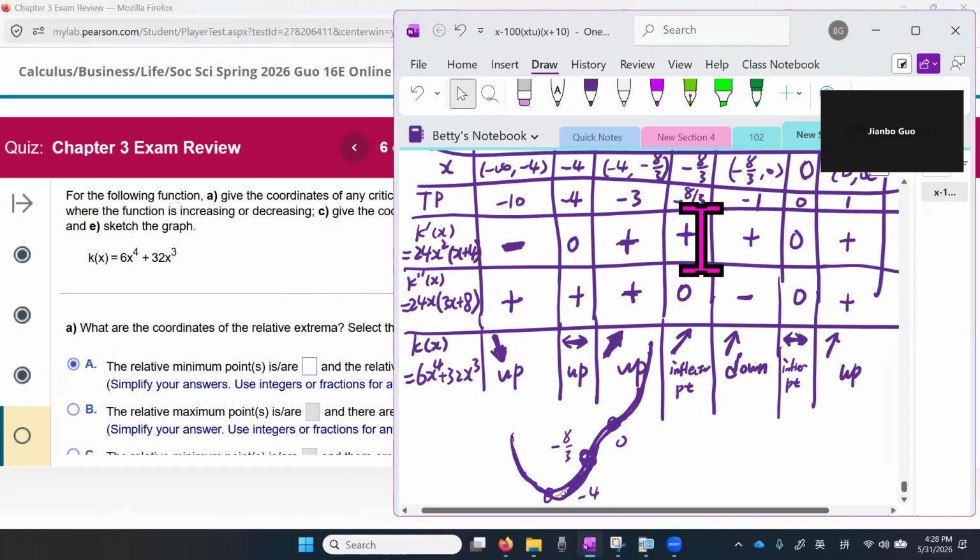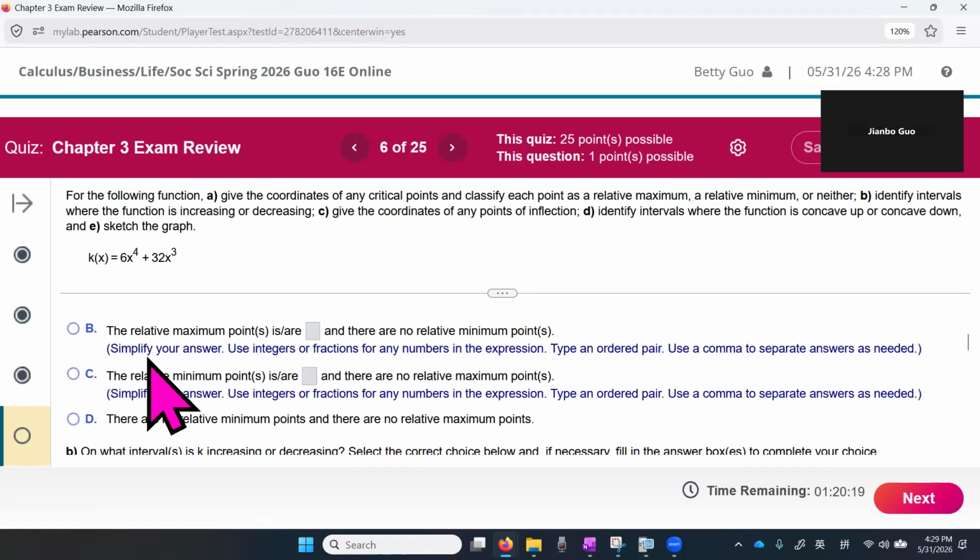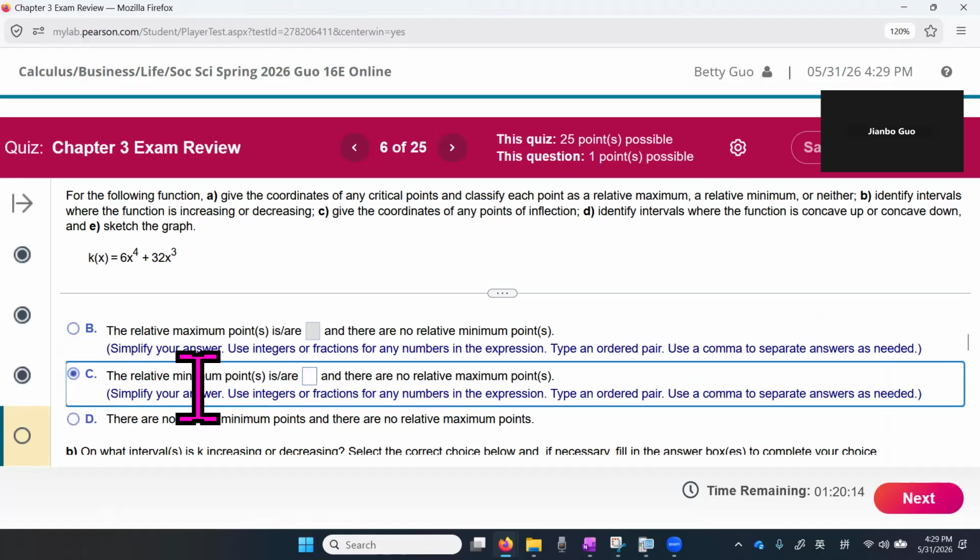It does not have a relative maximum. After negative 4, the function is increasing the entire time. It stopped a little bit here, but it's increasing. So we only have a minimum. We should choose this one: the relative minimum, and there is no maximum.